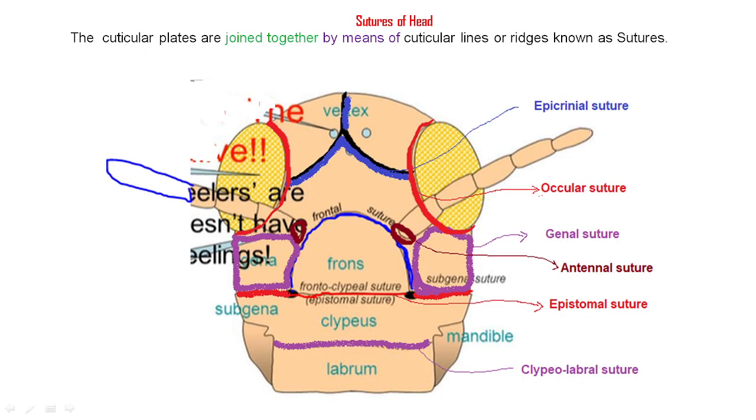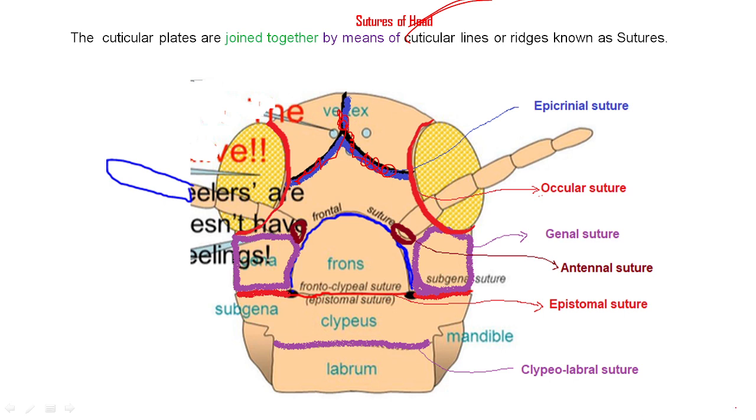See here, sutures of insect head. The cuticular plates are joined together by means of cuticular lines or ridges known as the sutures. See here the different sutures.